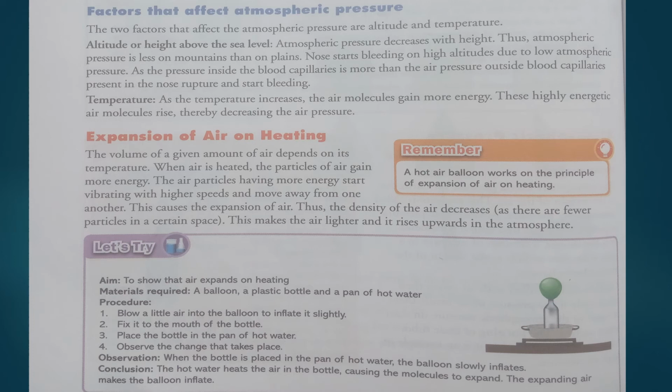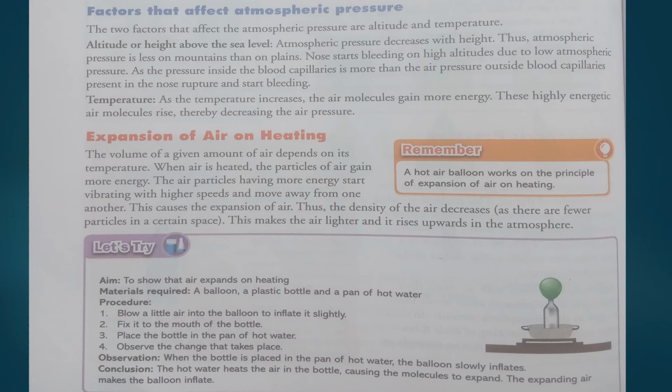Therefore, air pressure also decreases. So whenever temperature increases, air pressure decreases. Means they start moving faster here and there. And whenever temperature goes down, they again accumulate in one place, and we can say air pressure increases.